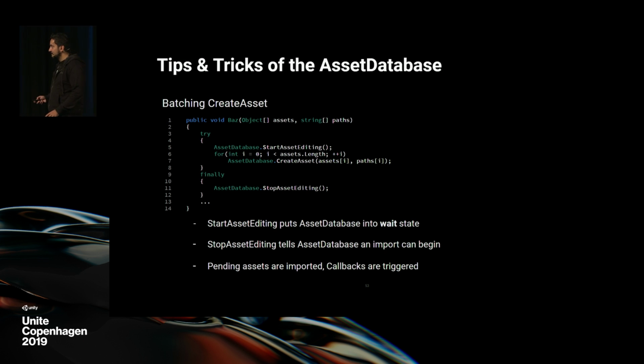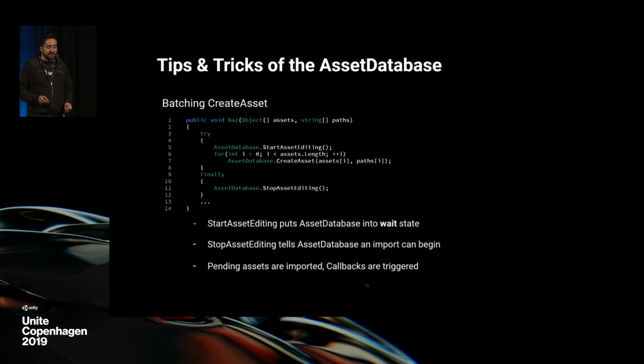Now, there's something particularly important that I would like to highlight about this code, which is it's in a try and finally block. If, for some reason, create asset or the code in the try would have an exception, we would never get to stop asset editing. This is a problem because now the asset database is going to be continuously in a waiting state. And you would have to restart Unity or have some script that says stop asset editing, because right now nothing is going to be imported again.